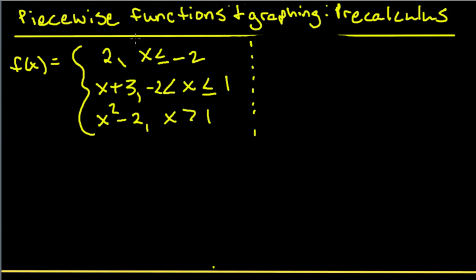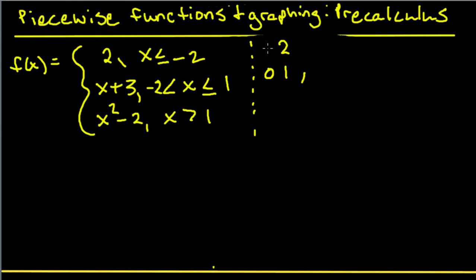Now it doesn't matter what x you put in here below negative 2, your y is always going to be 2. So you just have 2. So if we test the 2 points here, when we have negative 2 in for x, we get negative 2 plus 3, which is 1. And then our other endpoint, so this is going to be an open dot since there's no equal to sign.